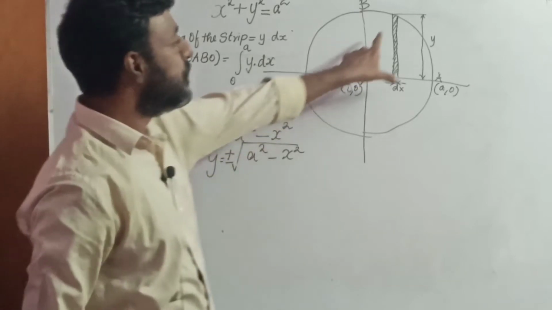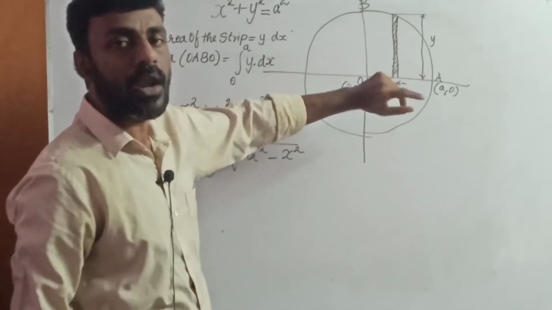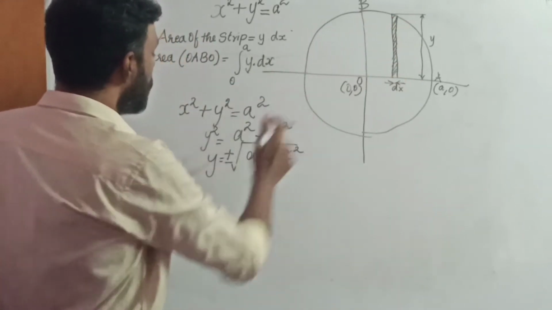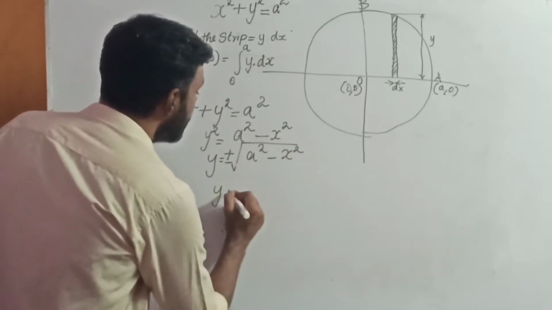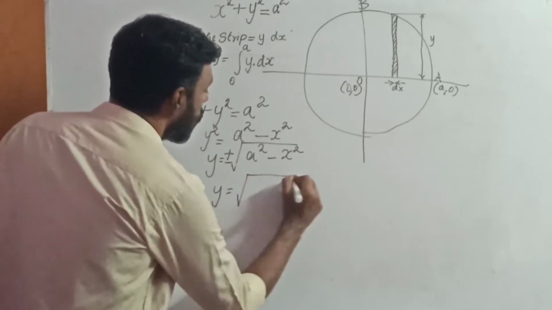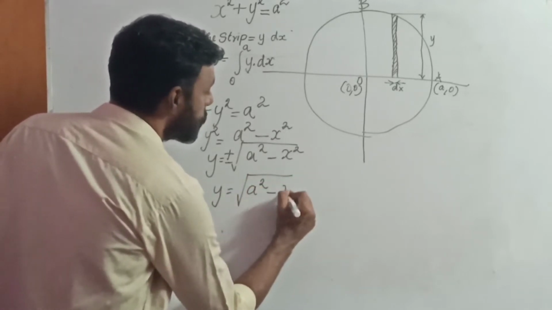Since we are looking into the first quadrant, in the first quadrant all are positive. So I don't want to take the negative sign, I'll take only plus. So y takes the value of plus root of a squared minus x squared.